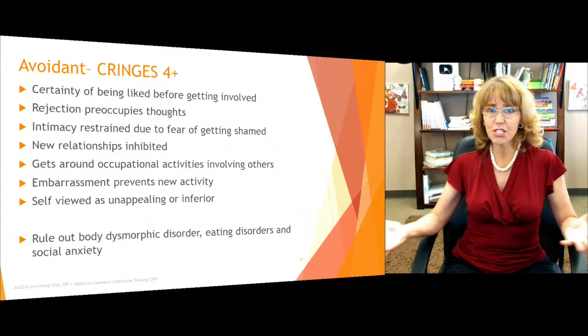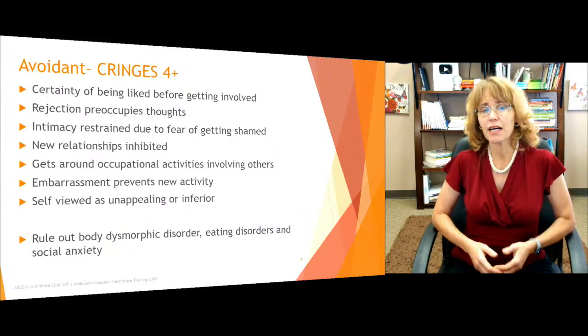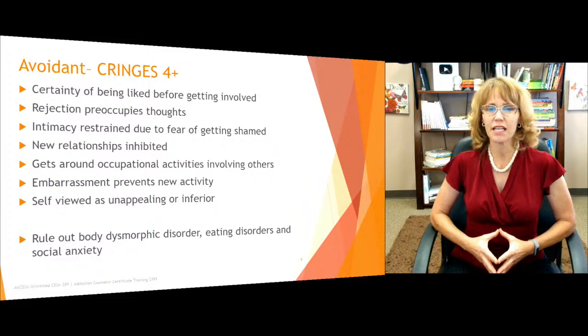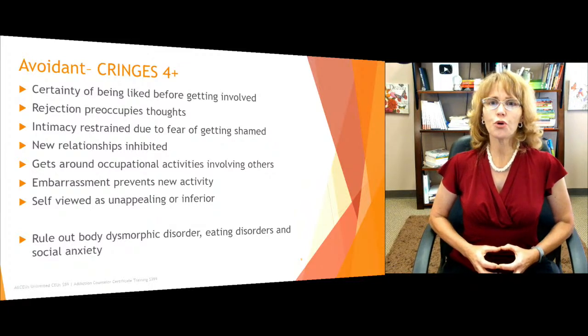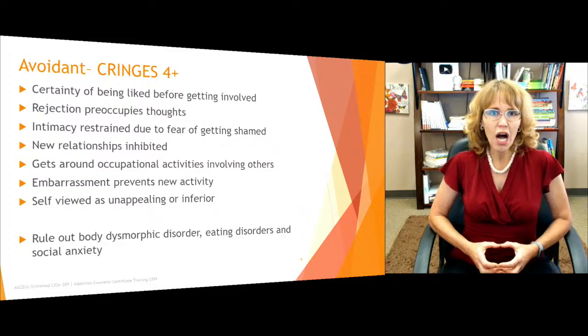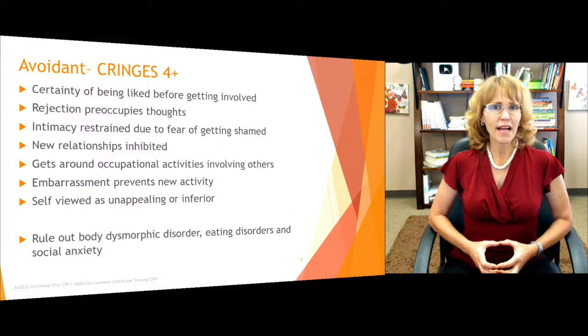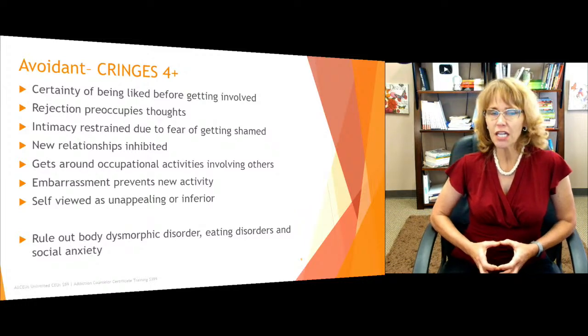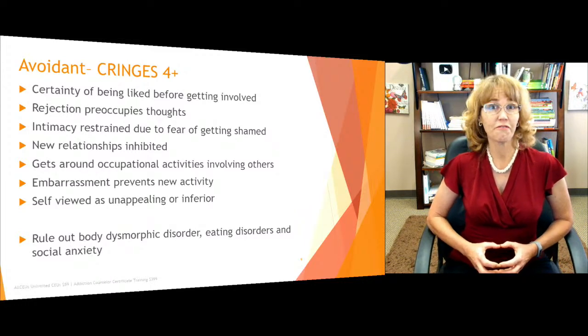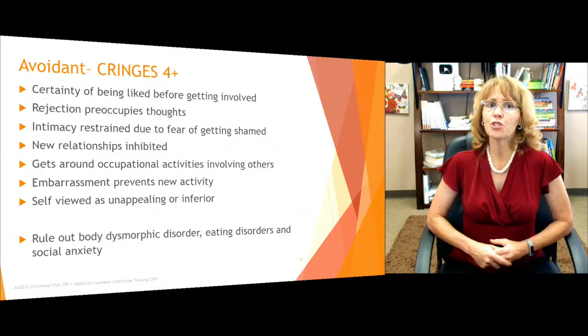Embarrassment prevents new activity. That also goes back up, kind of paralleling with intimacy. People who are avoidant often will not try new activities where there's a risk of them being judged or ridiculed or failing. And sometimes they won't even do it in their own home.